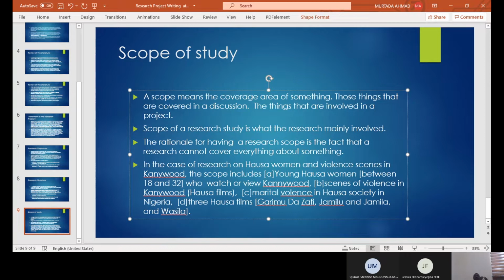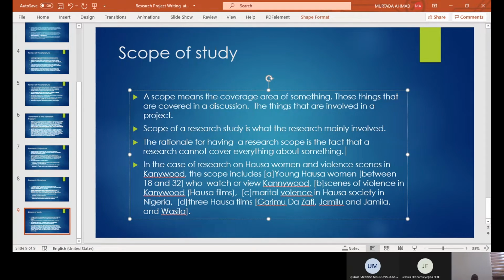There are some Hausa films that may not be included, and there are some age brackets that have been excluded. Look at it now. We said 18 to 32, which means we have excluded people below 18, and we also excluded people above the age of 32. You can see that we have scope.